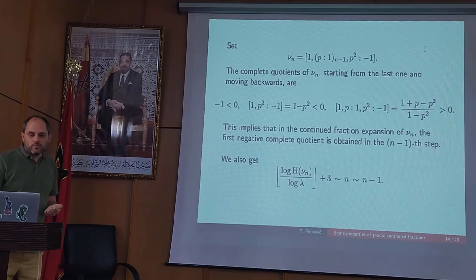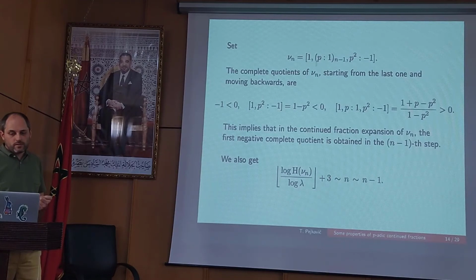So we set mu n to be a rational number with this p-adic continued fraction expansion. This means that this block p1 repeats n minus 1 times, so this is 1 plus p over 1 plus p over 1 and so on until we reach p squared over minus 1.